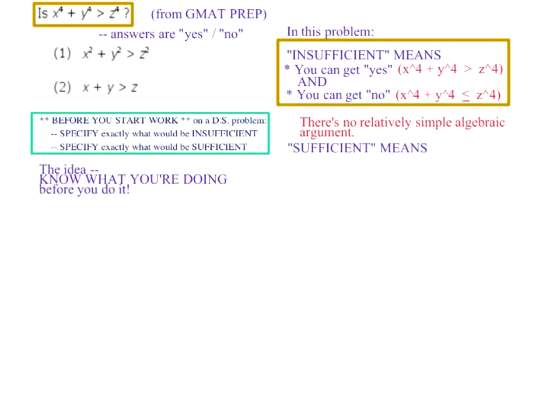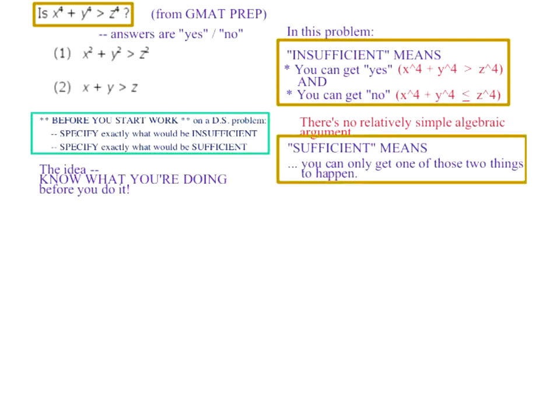Sufficient means that you can only get one of those two things to occur. Defining sufficient first is harder because it's weird. It's like, oh, only this happens or only that happens. That's not as easy to understand. Whereas defining insufficient first is a little bit more straightforward because you actually have two concrete things that must happen.